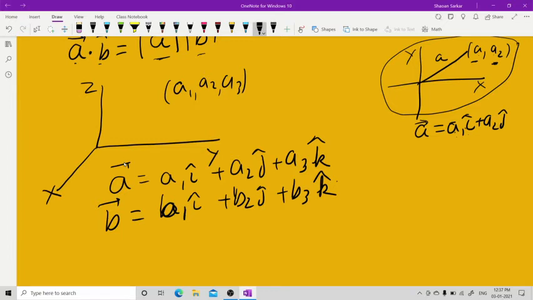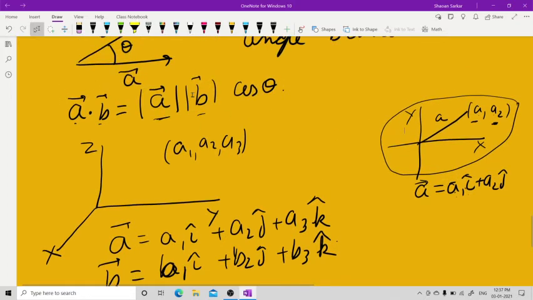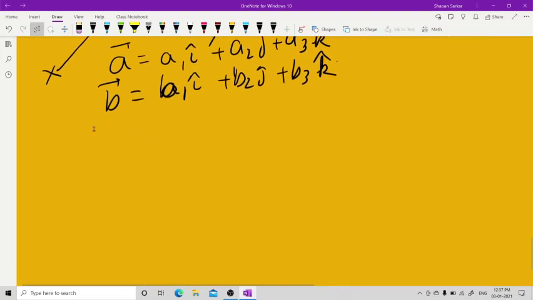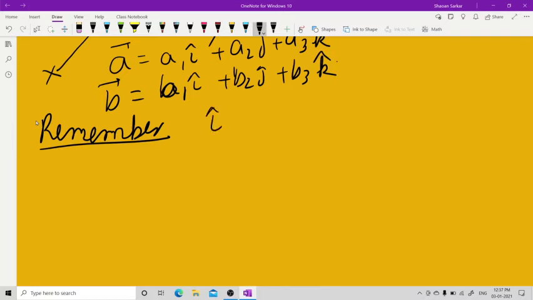Now see, I'll tell you certain rules right now before we go to understand how to solve this one. Before that, I need to make you understand how this scalar product works with the unit vectors. Remember one thing: I dot I is 1, j dot j is 1, similarly k dot k.